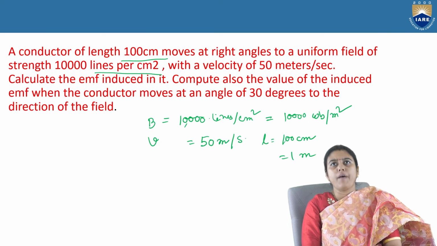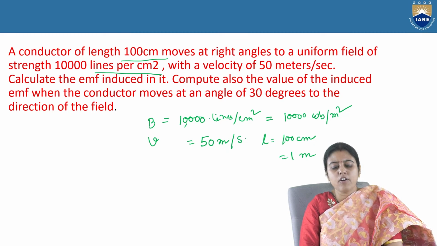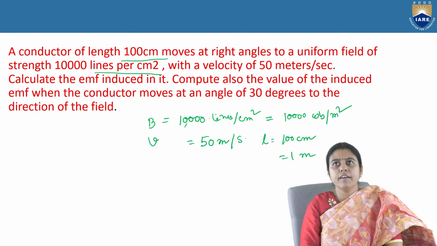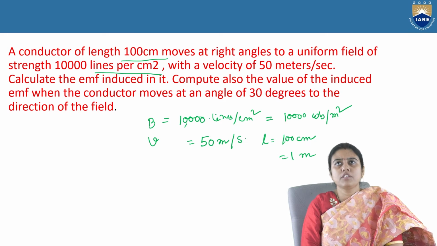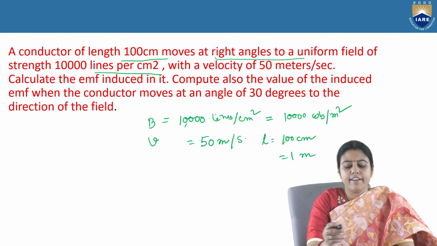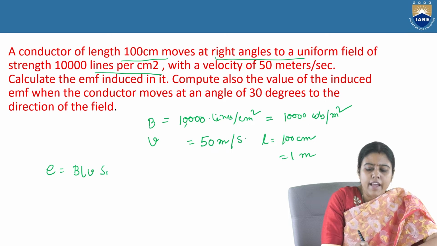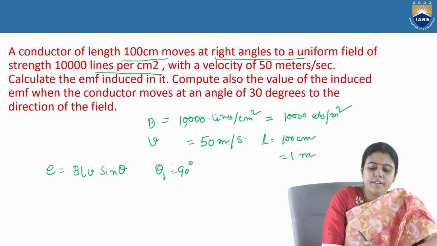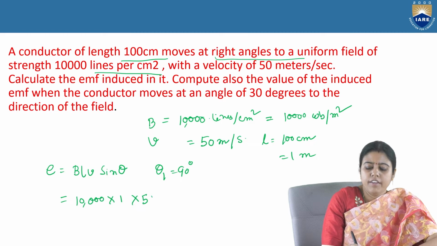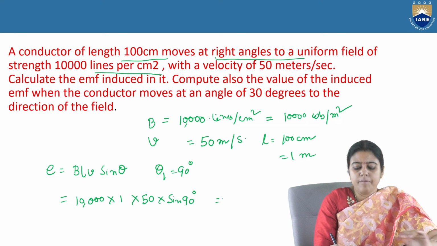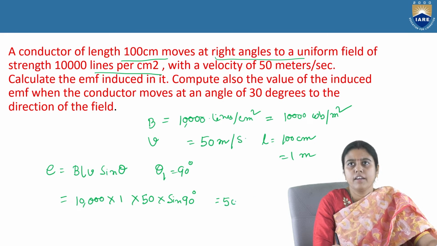Now also compute the value of the induced EMF if the conductor moves at 30 degree. First calculate the EMF induced when it is at right angles. We know E is equal to B L V sin theta. In the first case, theta is equal to 90 degree, so B L V sin 90.